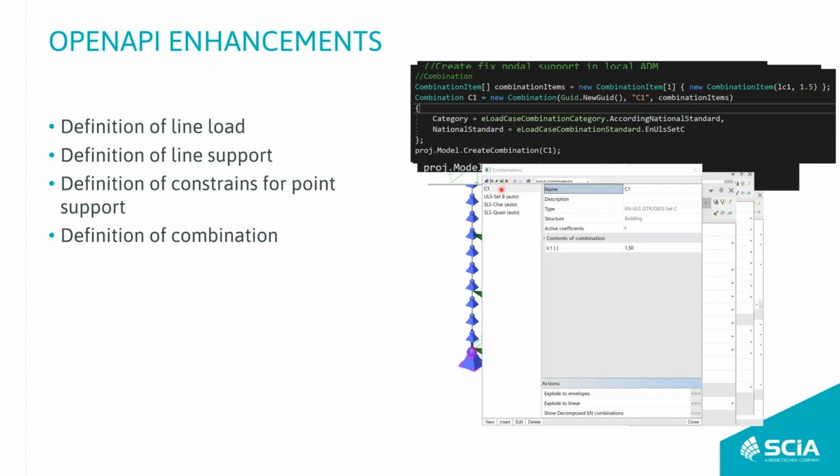So if I run the calculation and I ask for results for combination C1, I will get all the results which are available without any settings of the extreme. So I will get all the results for all the combi keys which are in a combination.